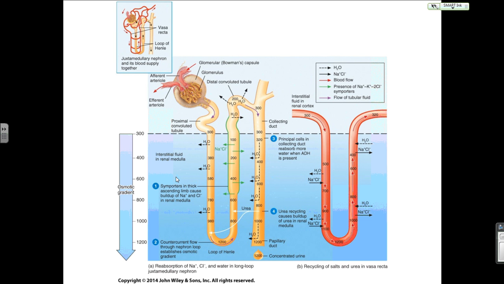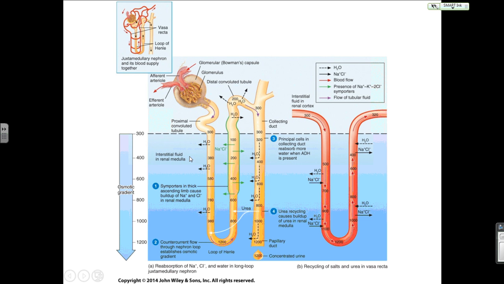If you guys remember when we talked about hypo, isotonic solutions all the way at the beginning of the semester, we learned that salt water, for example, is very hypertonic, which meant that there was a lot of solutes in it. And if you drink that, the water that's in your cells is going to travel to where that salt is. So wherever there's a lot of solutes, that's going to be hypertonic, and therefore water is going to flow in that direction.